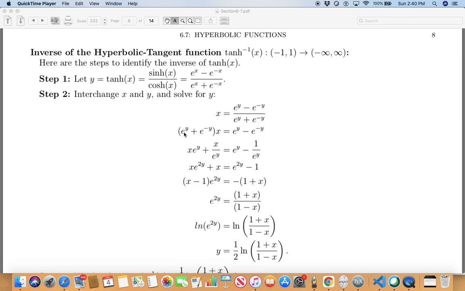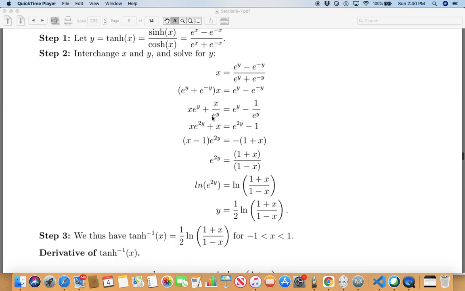Cross multiply. Distribute: x e raised to y plus x times 1 over e raised to y equals e raised to y minus 1 by e raised to y. Clear the denominator, multiply throughout by e raised to y. Multiplying by e raised to y gets me x e raised to 2y plus x equals e raised to 2y minus 1.